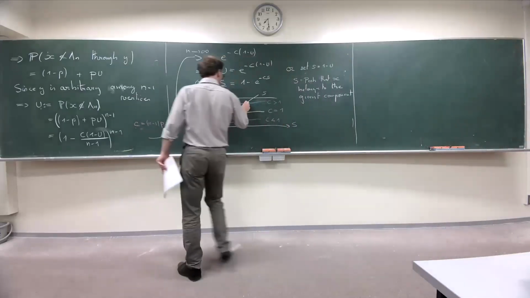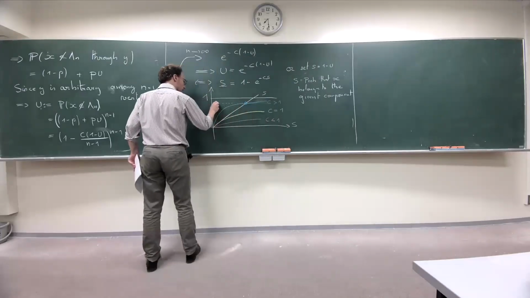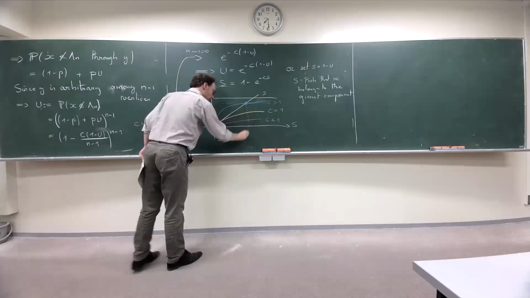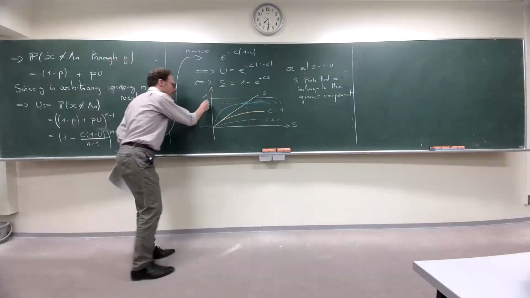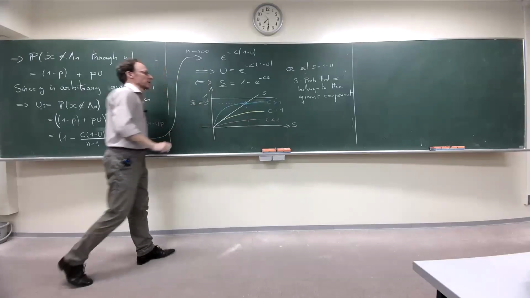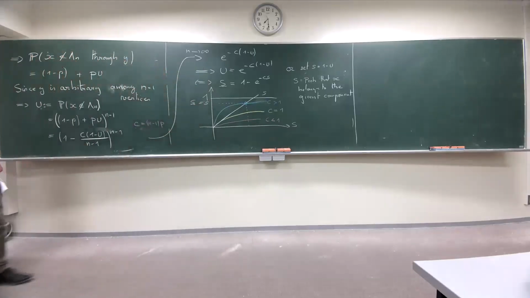This value here, which can be also seen here, is S, but in fact it is S for a certain C. It is the probability that X belongs to a giant component.